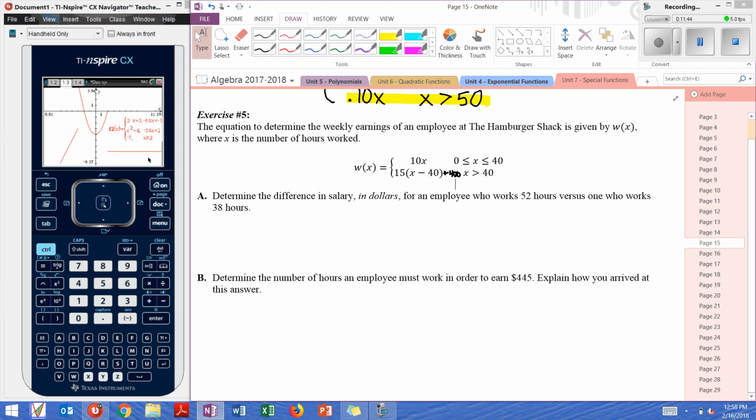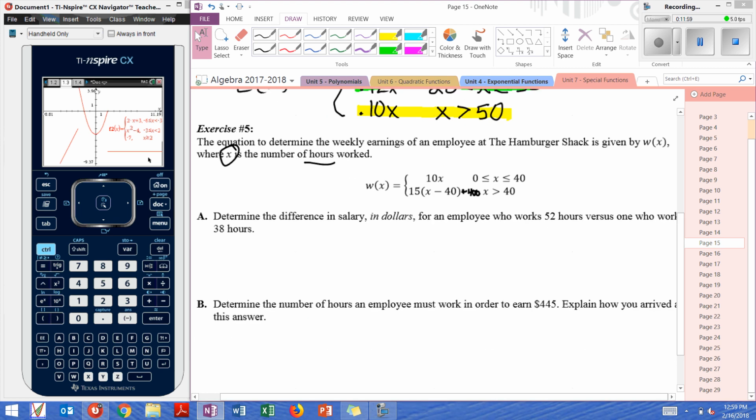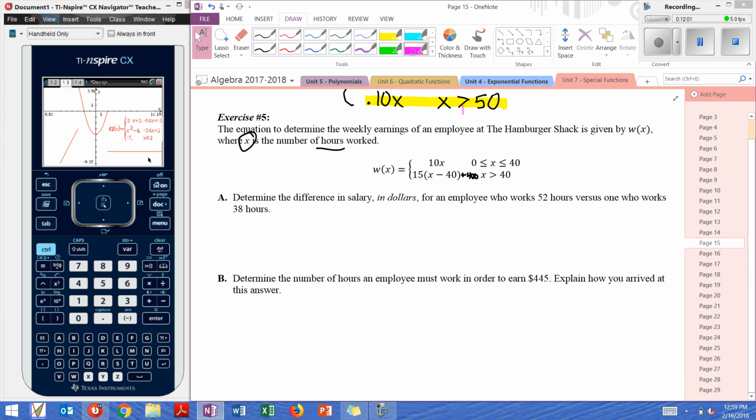The function is w of x, and x is the number of hours worked. So that's kind of important. Here it says, determine the difference in salary in dollars for an employee who works 52 hours versus an employee that works 38 hours.